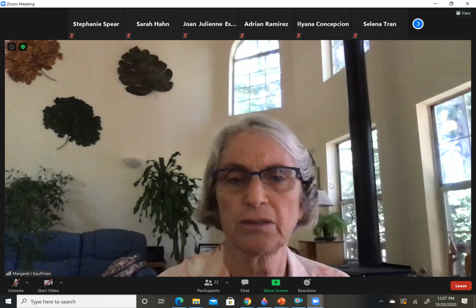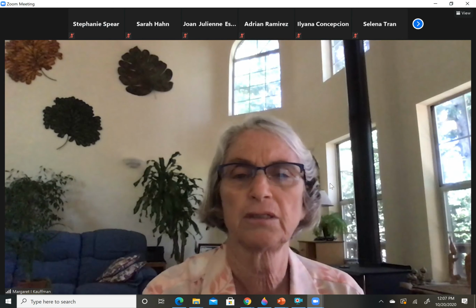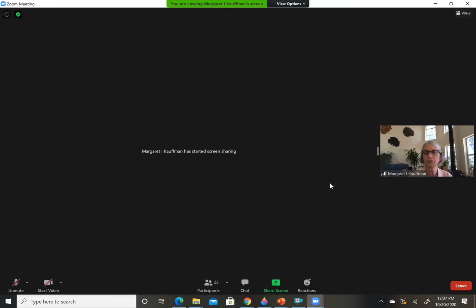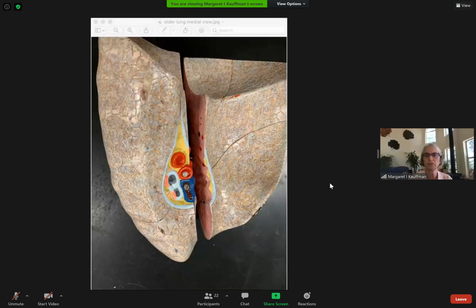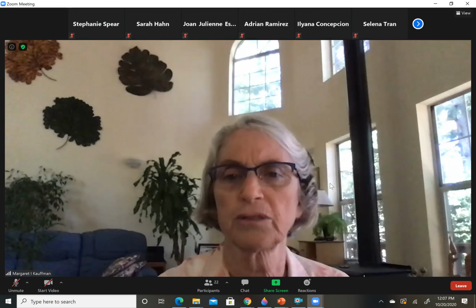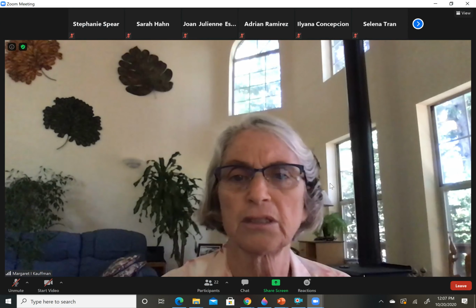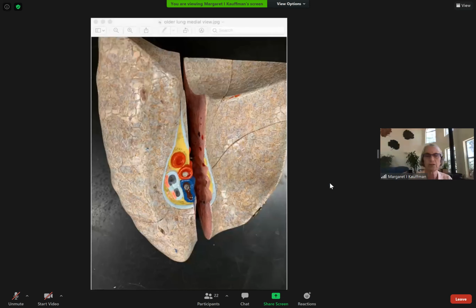Share screen. This is the older lung model where it's easier for me to point it out. Oops, I'm sharing the wrong one. Sorry. Stop share. Why did that pick the wrong one? This one. Well, maybe it isn't. Maybe it's just hidden under there.